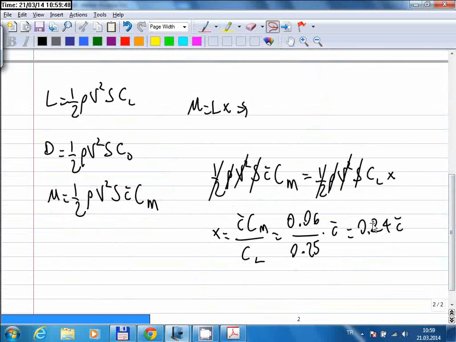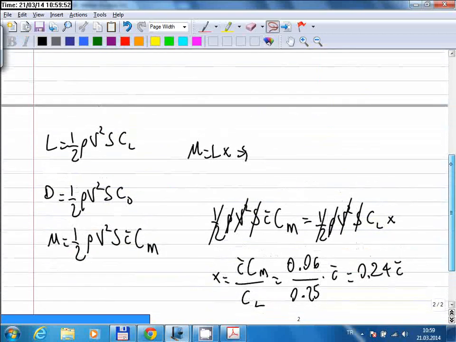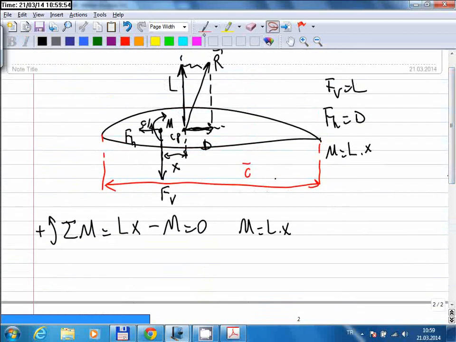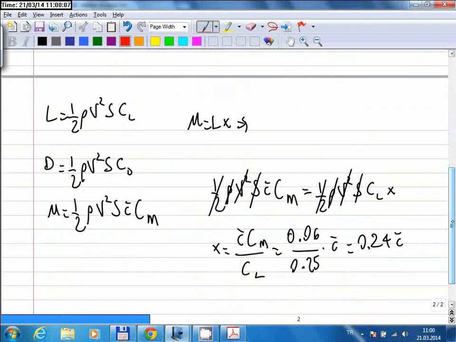So it turns out that X should be equal to 0.24 times C bar. The moment equation contains the C bar term, and C bar is the mean aerodynamic chord. So whatever the airfoil is, you put that C bar for that airfoil in to find the aerodynamic coefficient.